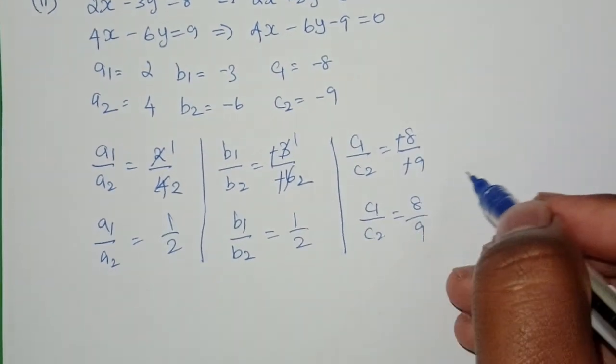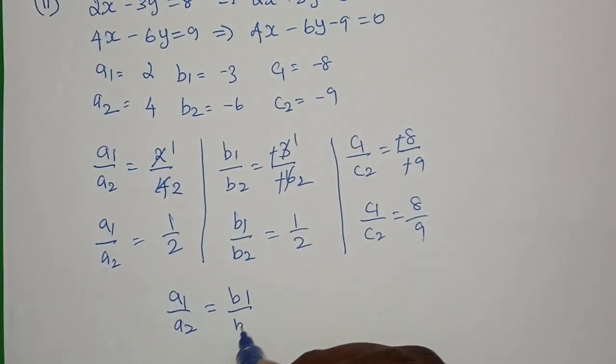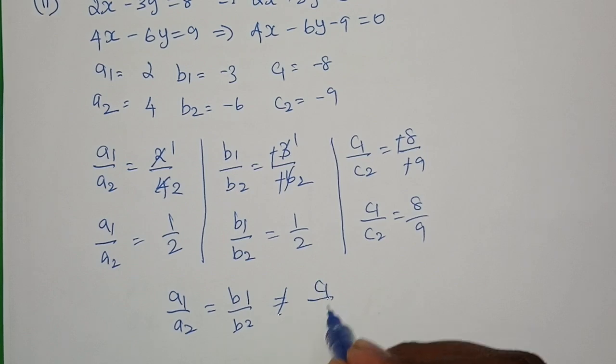From this we get a1 by a2 equal to b1 by b2 but not equal to c1 by c2.